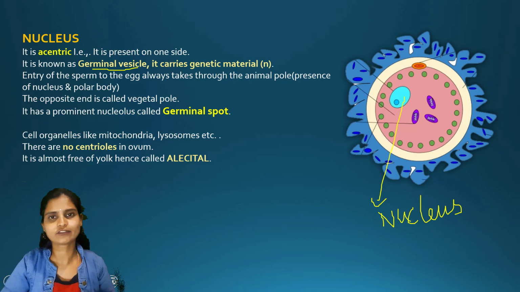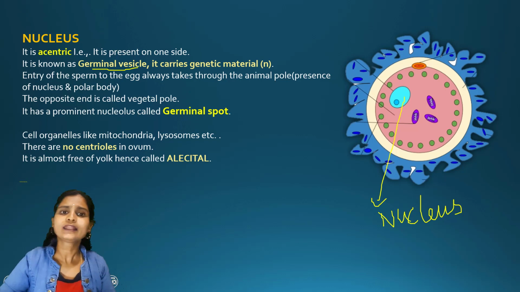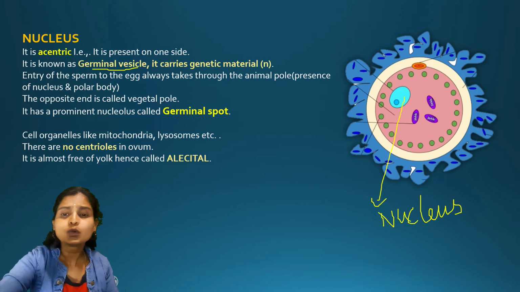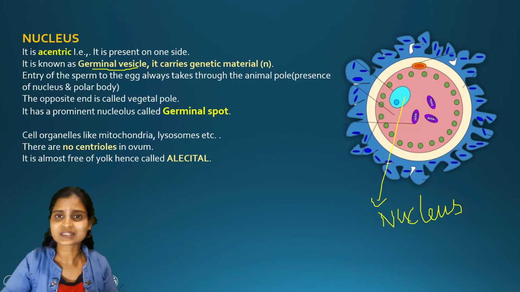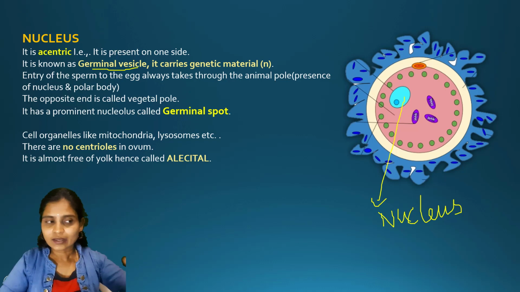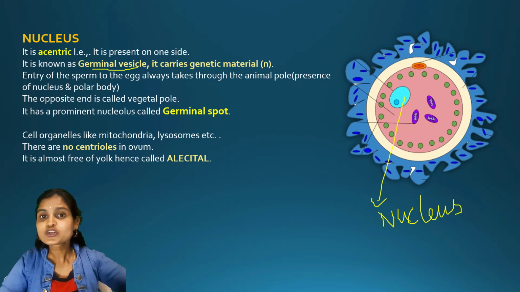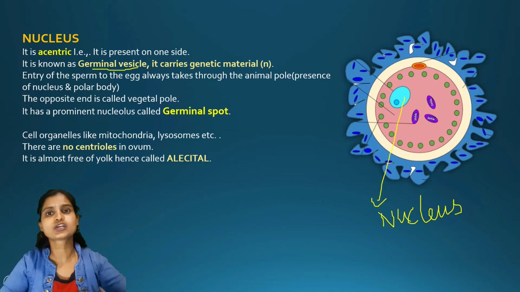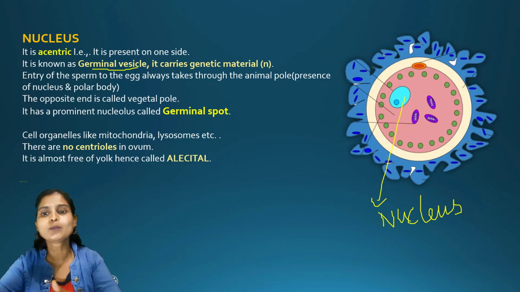The nucleus carries genetic material containing 23 chromosomes, that is, haploid in nature. This nucleus is always present near the animal pole, and the entry of the sperm is usually towards the animal pole itself.